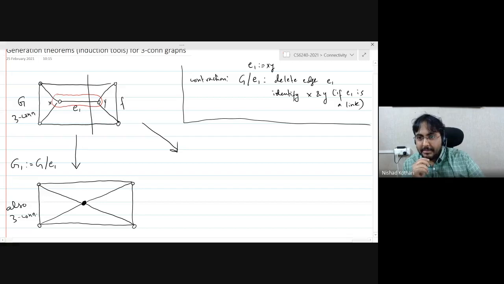So Shivam's guess is that if you do the contraction and then the resulting graph is simple, then it will be three connected. That is not true in general. However, it is going to be true in this particular example. And after the example, I'll give you an example to show you why that is not true in general. Okay. So that's a very good point. That's a good guess.